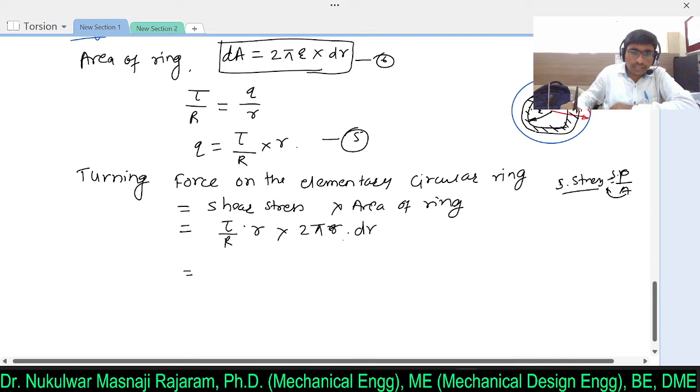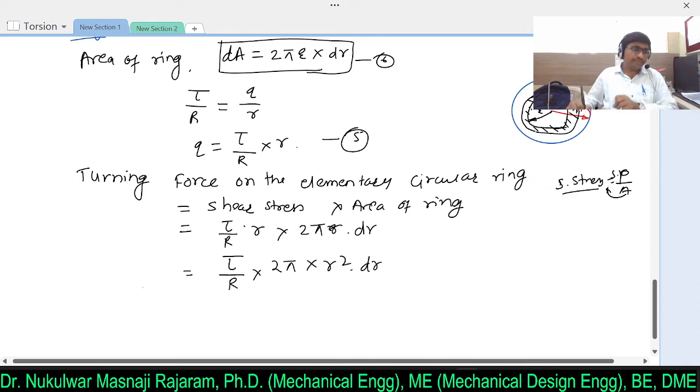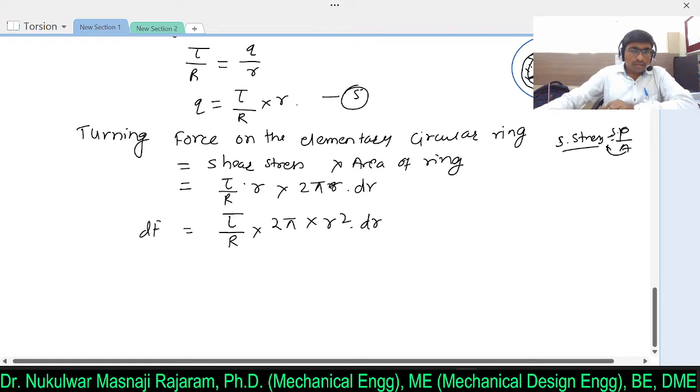So this r will become r square. So tau by r into 2 pi into r square into dr. So what is this? This is the turning force acting on the small elementary ring. Clear?